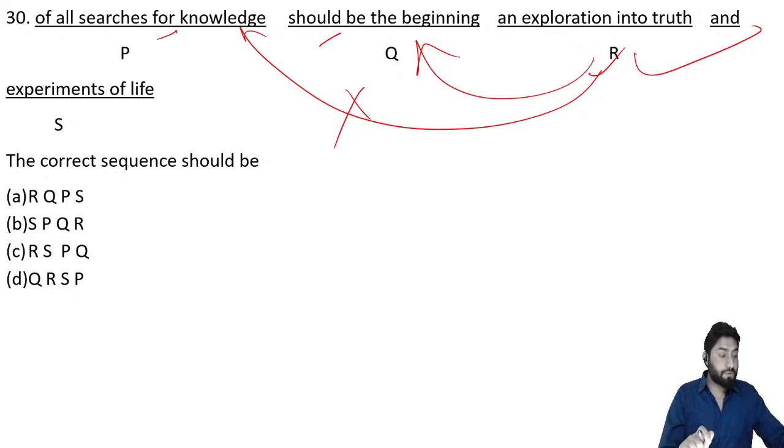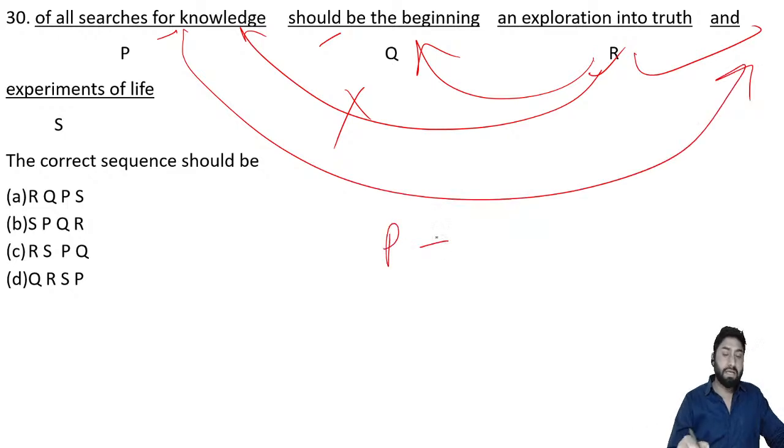Exploration into the truth of all searches for knowledge. No. An exploration into truth and the experiment of life. An exploration into truth should be the beginning of all the searches for knowledge and experiment of life.